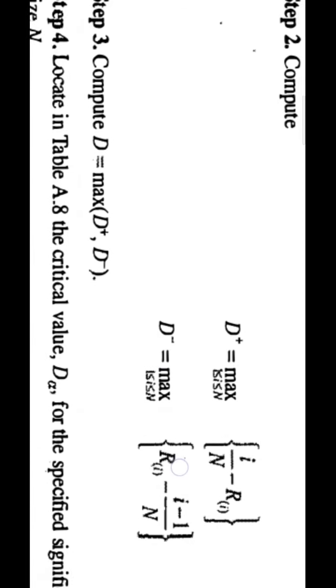Then the final deviation, step 3. Steps 3, 4 and 5 were pending, so let us discuss that. The final deviation is computed as the maximum value among these two. Please check the pointer. We get a set of values with respect to D plus, and a set of values with respect to D minus, for all the random numbers.